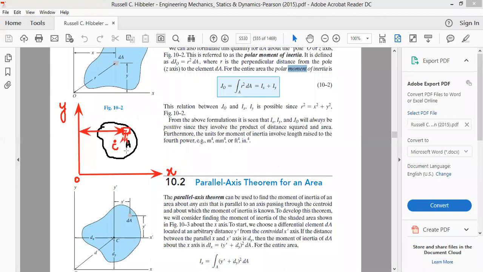The centroid of the small area element is to be selected, and let's suppose this distance is x and this distance is y.